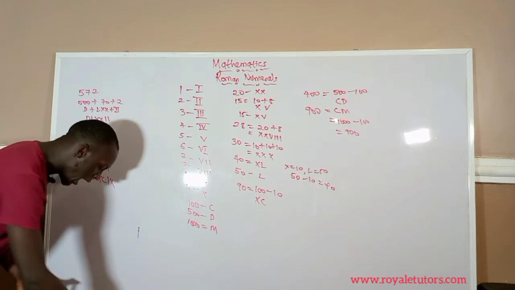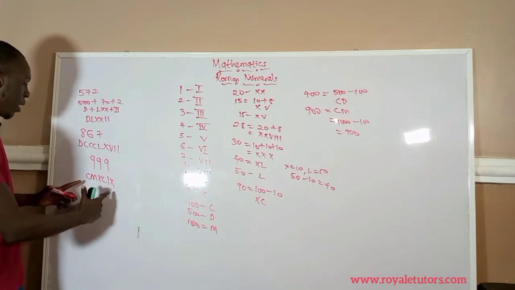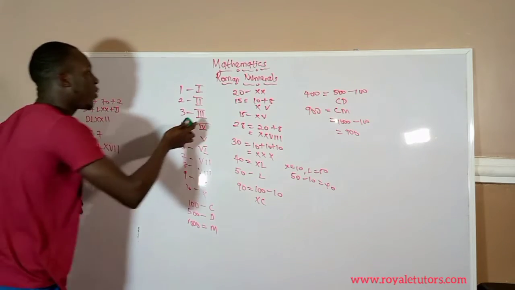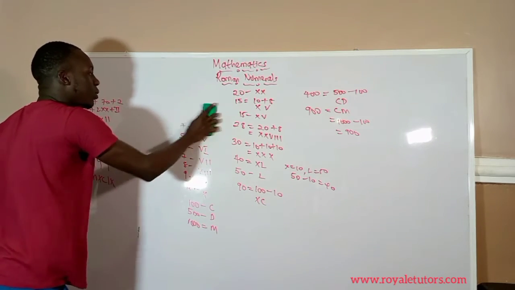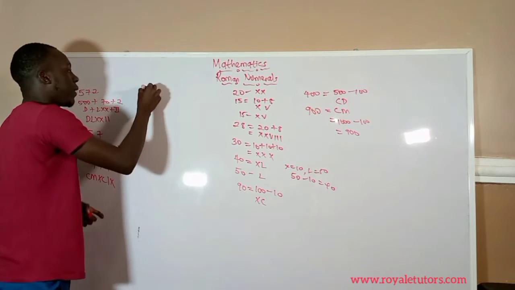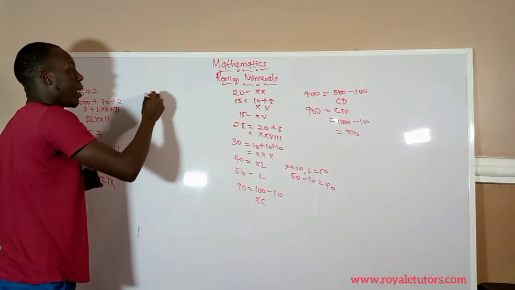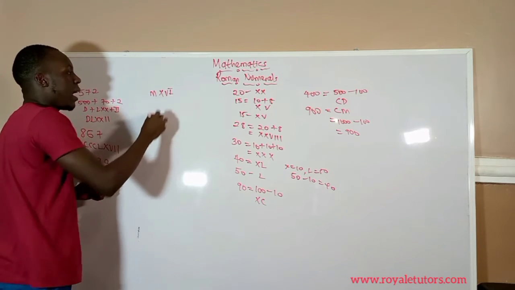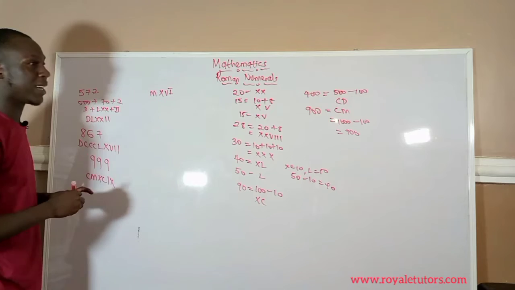How about moving from Roman numerals to figures? How do we go about that? Let's assume I have MXVI, and I was told to write this in figures.